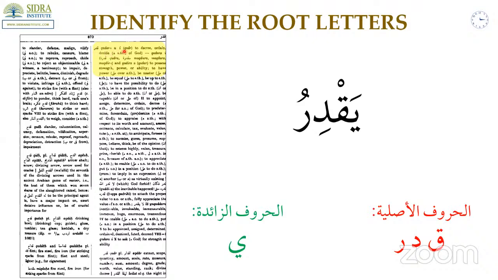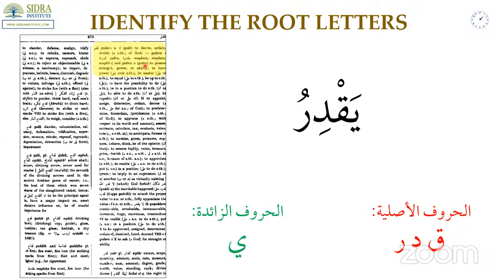I will explain this in more detail next lesson, but I'm just making you aware of it here. So dakhala u will mean dakhala yadkhulu. And i means in this verb you got two possibilities. You can say qadara yaqduru and you can say qadara yaqdiru, and it means to decree, ordain, decide.